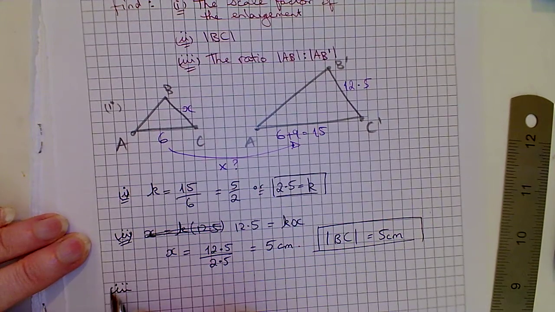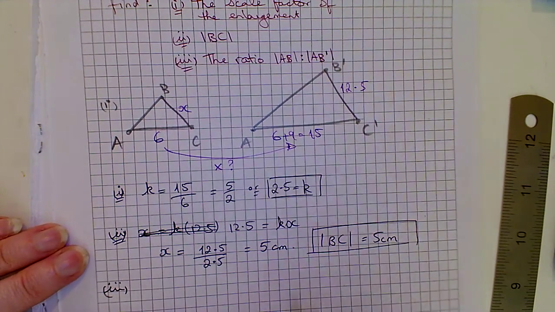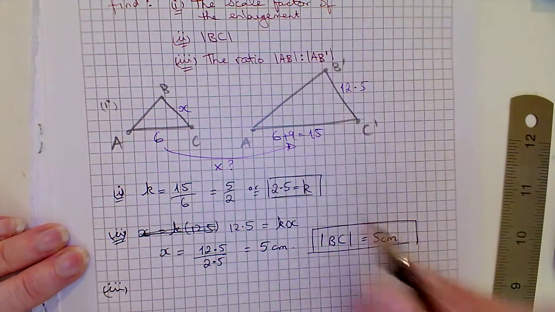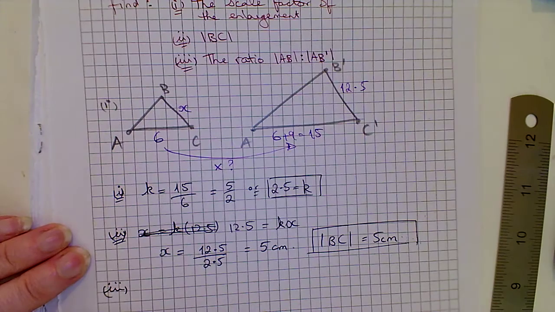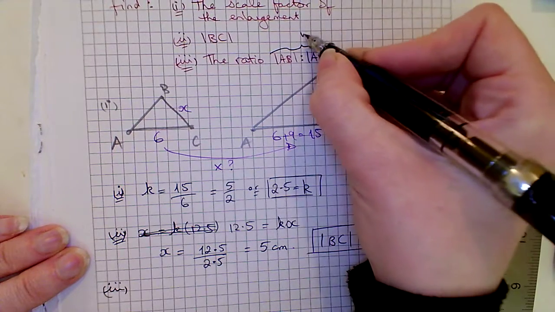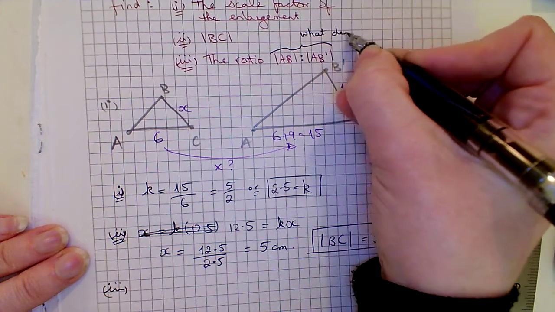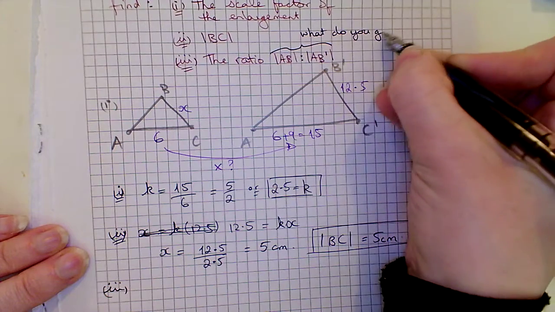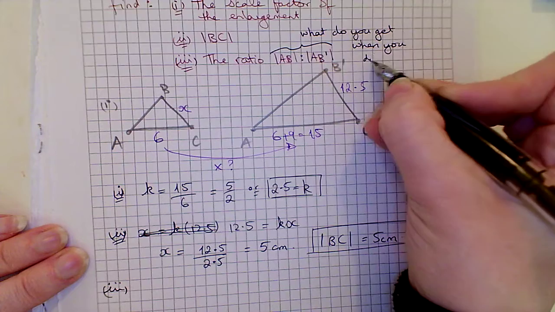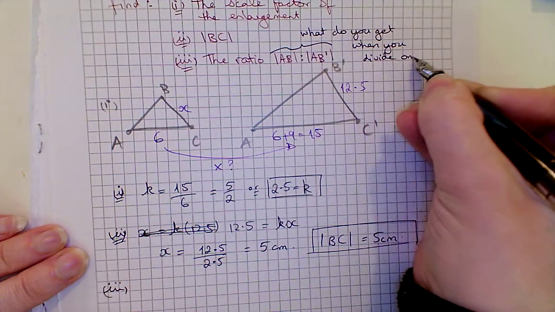And then part 3, they want the ratio AB is to AB prime. Well, we have no numbers here, okay? So how do we do it? Well, what this is asking is, what do you get when you divide one side by the other?